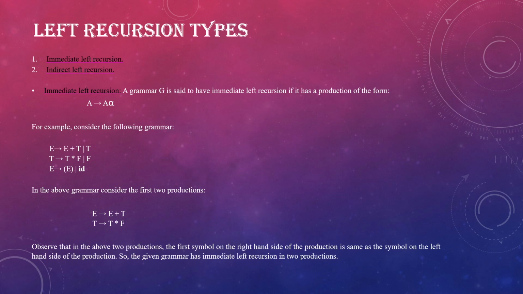In the above grammar, if we see carefully, in the first two productions, that is E tends to E plus T and T tends to T into F, the first symbol on the right hand side of the production is the same as the symbol on the left hand side of the production. So we can say that the grammar has immediate left recursion in the two productions.